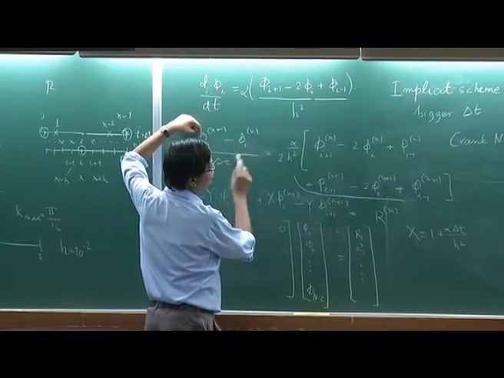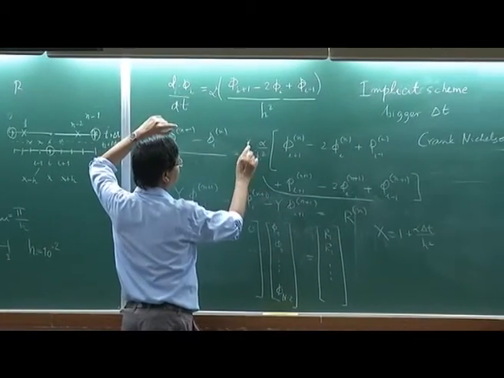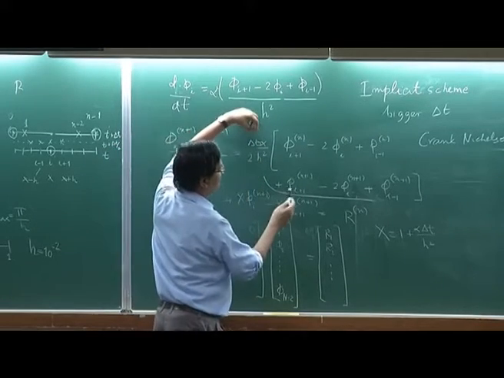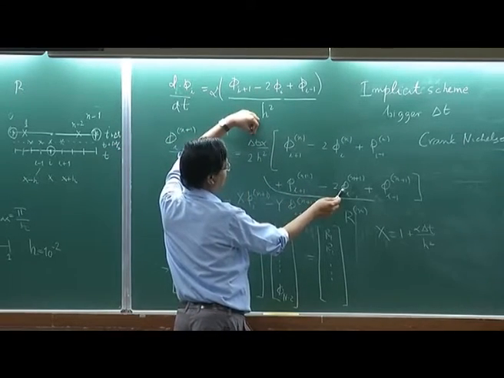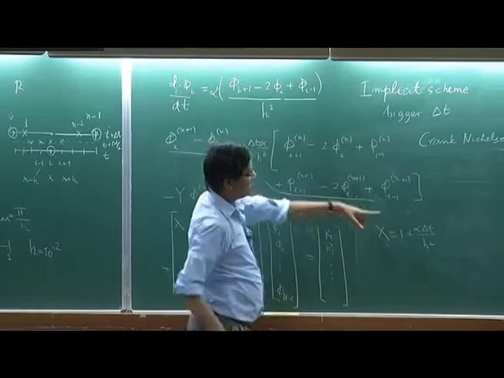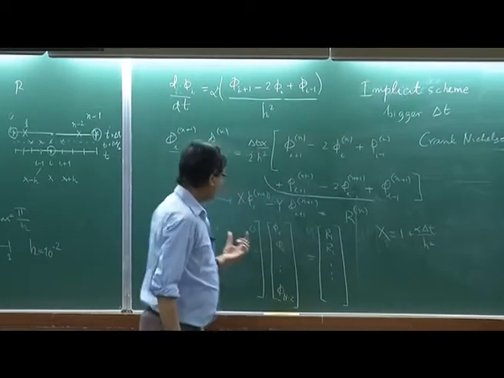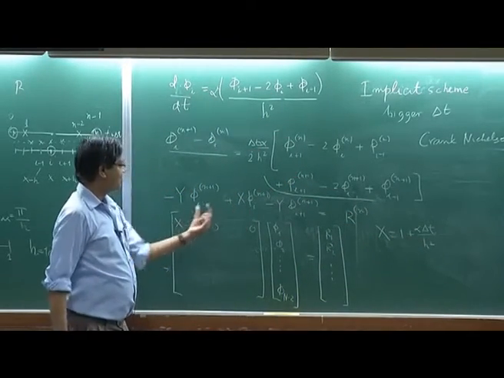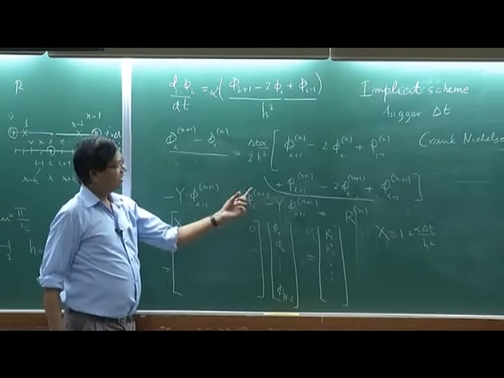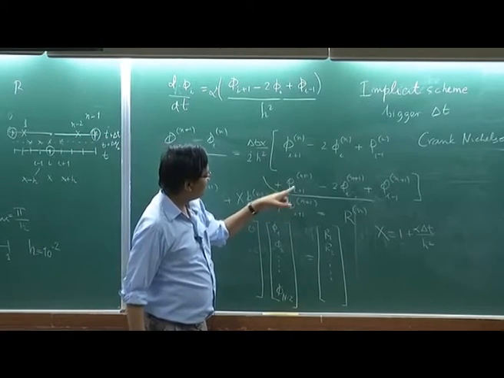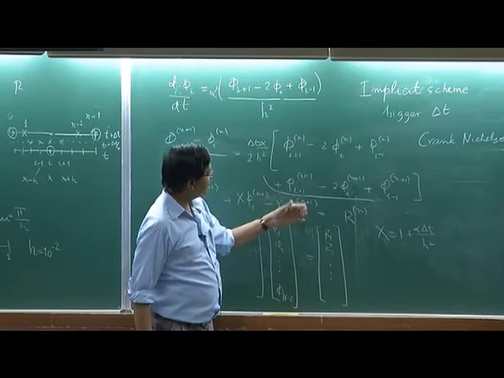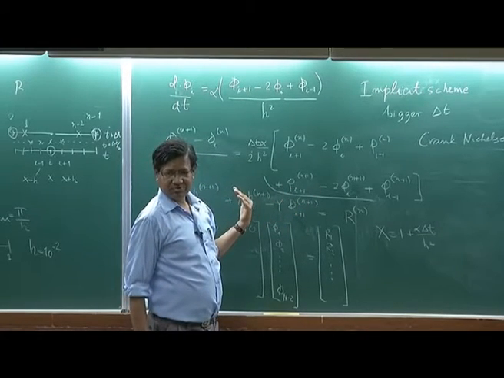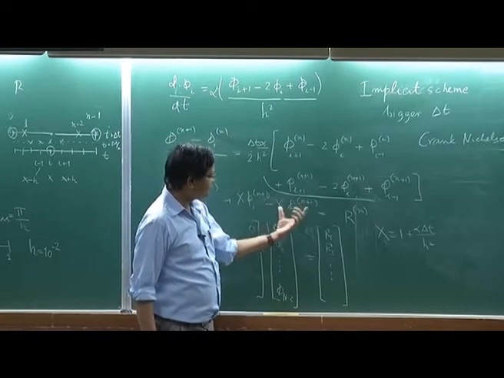Now, this delta t goes to the right hand side, and the term here is this. So, 2 cancels and I get alpha delta t squared. So, that is x, and phi n plus 1 i plus 1 is a term which comes again to the left. Okay. So, all these terms are coming to the left.